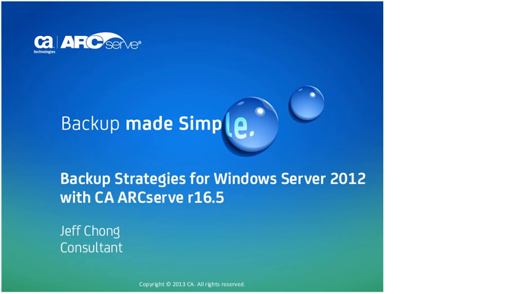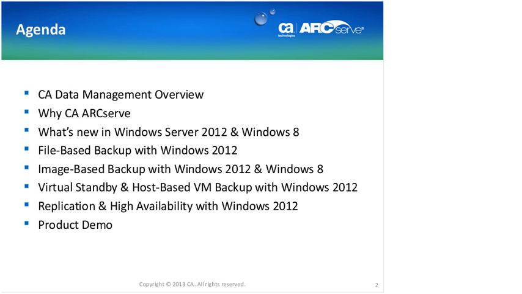Before we begin, let's quickly go through the agenda we're going to cover in today's session. First, I'm going to talk a little bit about the CA Data Management overview. Then we will follow by why CA RServe.